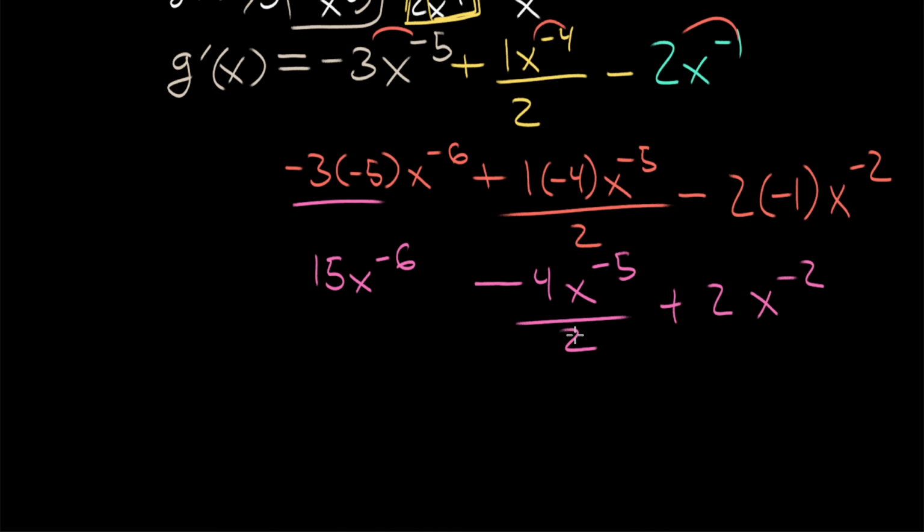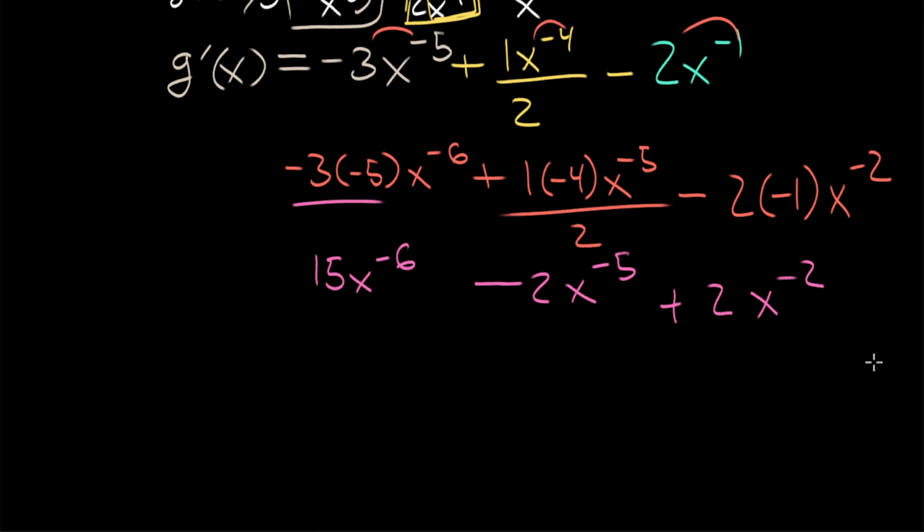But this can factor out. 4 divided by 2 would equal 2. So we can change this up here and make this a 2, and then we can get rid of our line here.